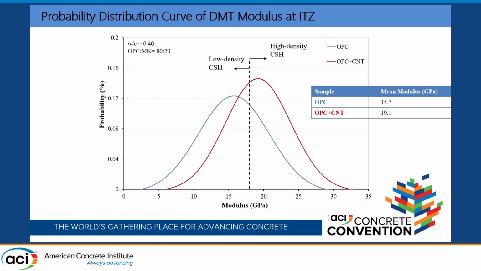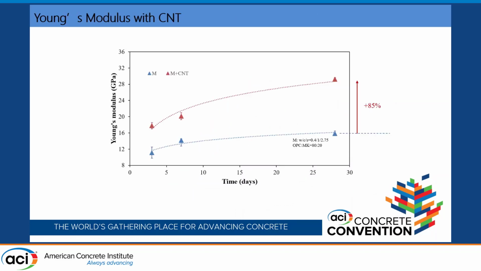And these results at the nanoscale are corroborated with larger scale work. This is the measurement from a notched beam test, measuring the modulus of elasticity. You can see that when we have addition of CNT, for example, at 28 days, the modulus is increased as much as 85%.